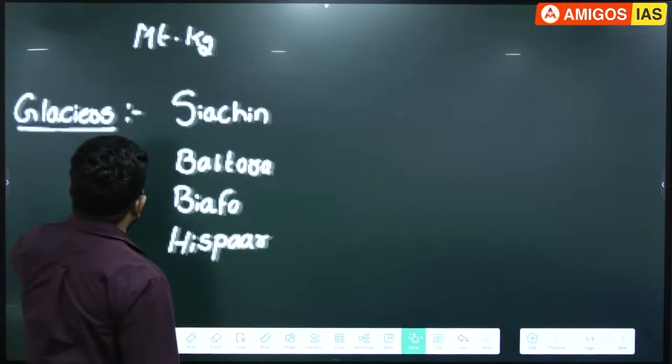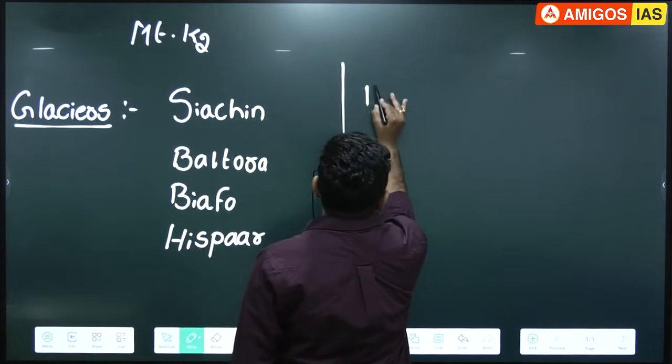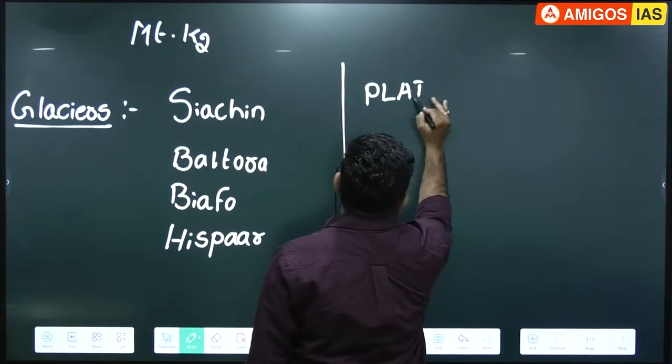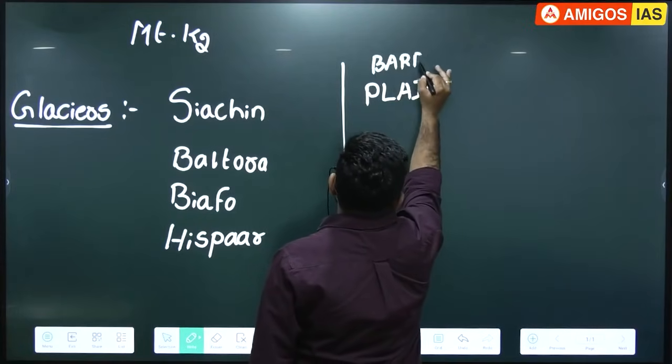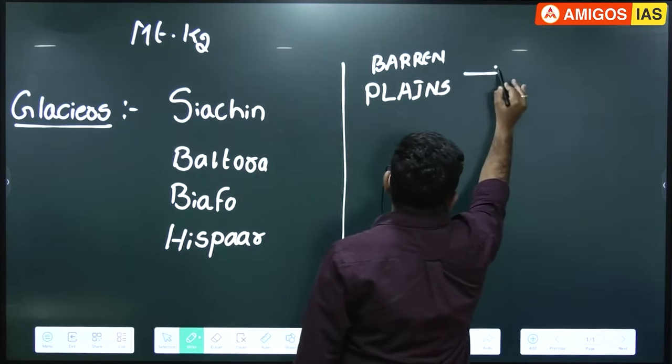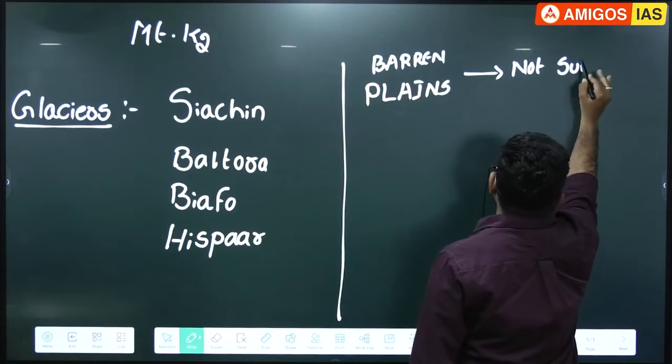Okay. It is not only the home for the glaciers, it is also home for certain barren plains. And these plains are not suitable for agriculture.